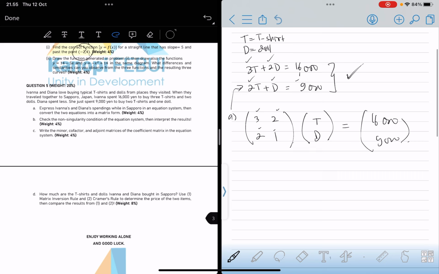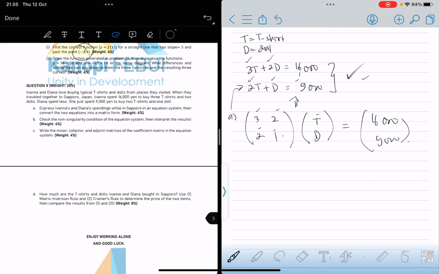If you solve this multiplication in matrix form, you can see that it's the same as this one: 3t plus 2d equal to 16,000 and 2t plus d equal to 9,000. So it's the same, it's just converted from the normal equation into matrix form.